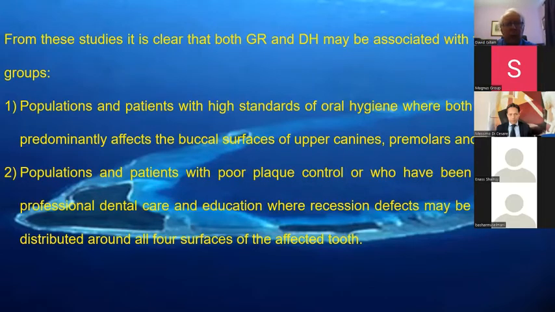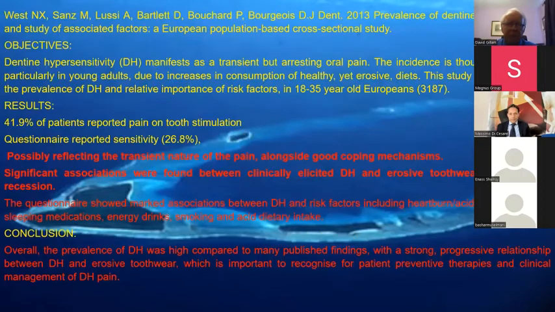And also populations and patients with poor plaque control who have been deprived of professional dental care and education, where recession defects may be more widely distributed around all four surfaces of the affected teeth, often in the interdental areas. So there are clearly differences. And also with those with periodontal disease, the effects of periodontal treatment may also have an impact on this. Next slide, please.